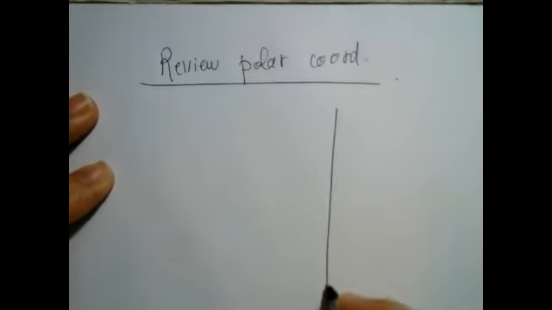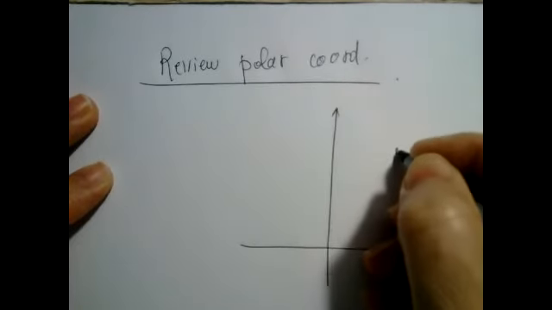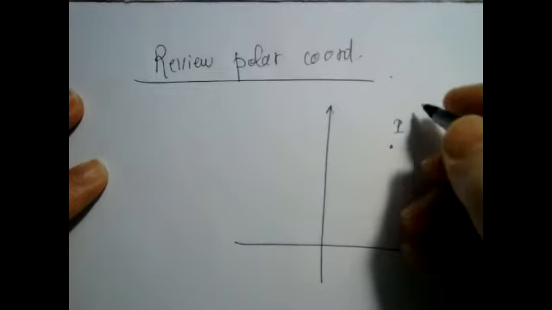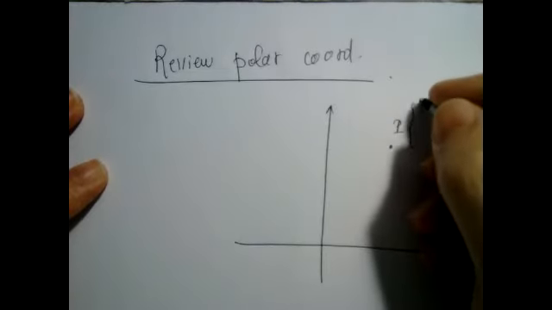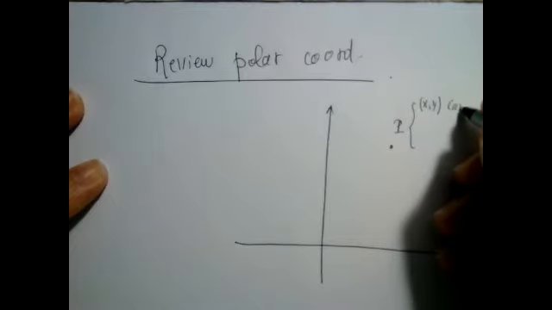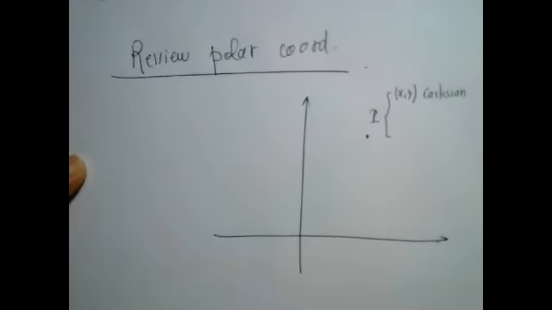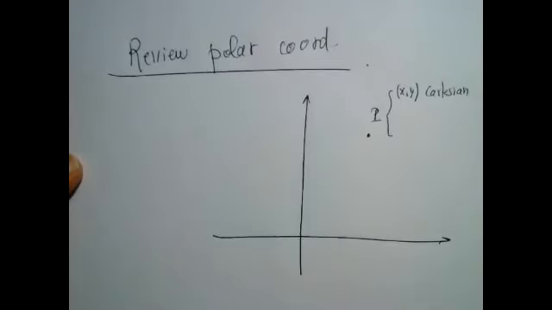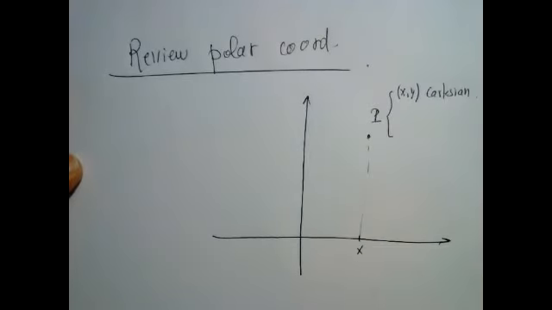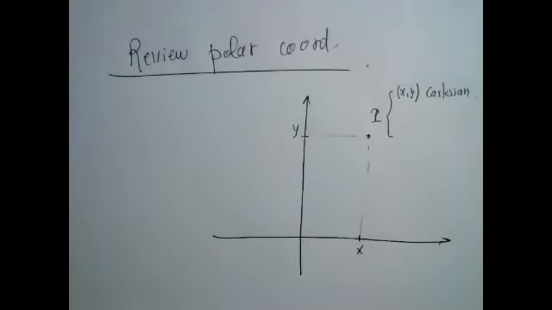This is a point P in the plane, and this point has the Cartesian coordinates x and y, which are your regular coordinates. This is the x and this is the y.